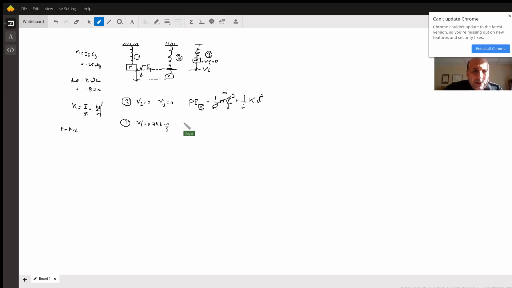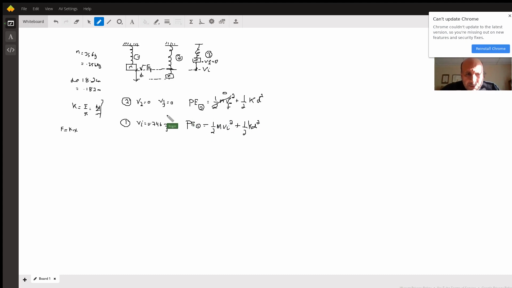And we know that the energy at position 1 is going to be 1/2 m V initial squared plus 1/2 K D squared, right?